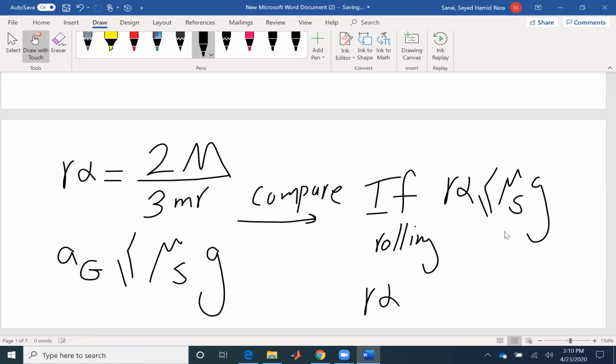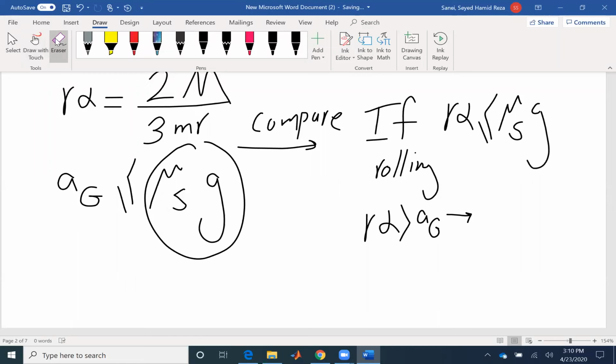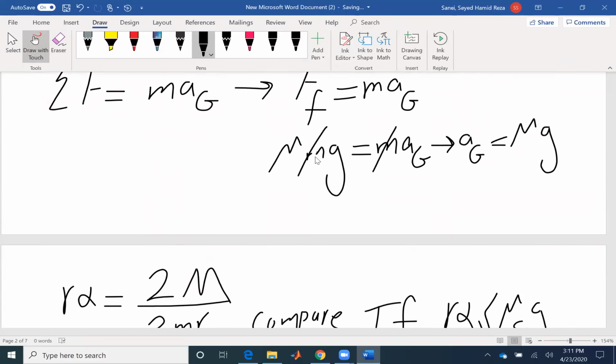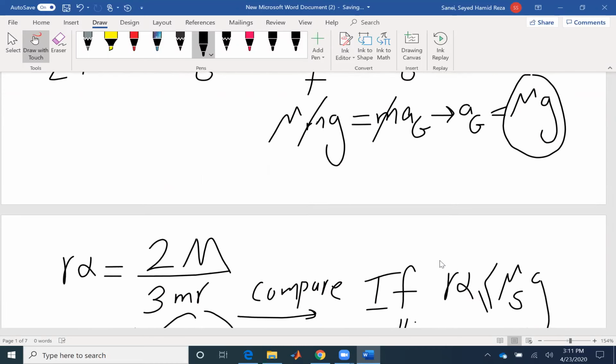But if R alpha is bigger than Ag, then the friction force cannot provide that acceleration. The power of friction force at most is mu g. If R alpha is bigger than mu g, that means that I'm going to have some sliding, so rolling with slipping. So we need to remember this equation tells us the maximum value of acceleration we can have, because that's the maximum value of friction force that we can have.